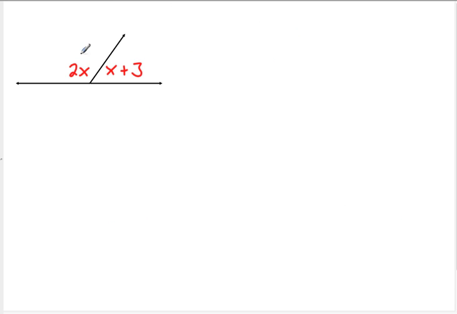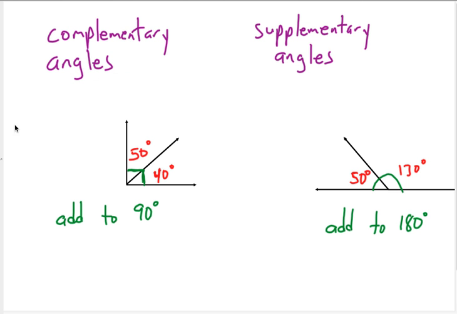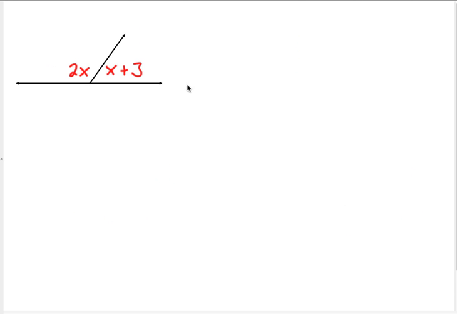So in this case, we have some angles labeled, yet we don't know what the measures are because there are variables there. But what we can do is use the knowledge that angles that are straight are 180 degrees. And so this angle is straight and it's 180 degrees. So we know that these two angles are supplementary because they are going to have to add up to 180 degrees.